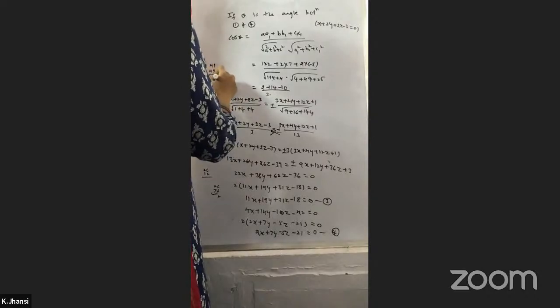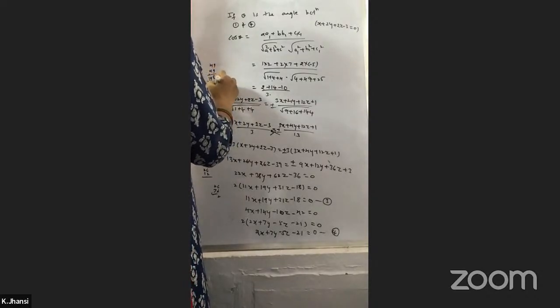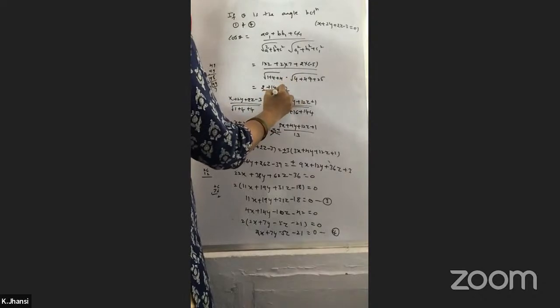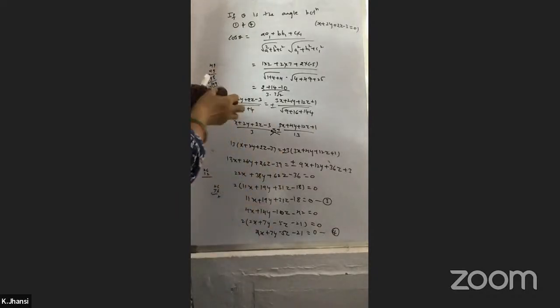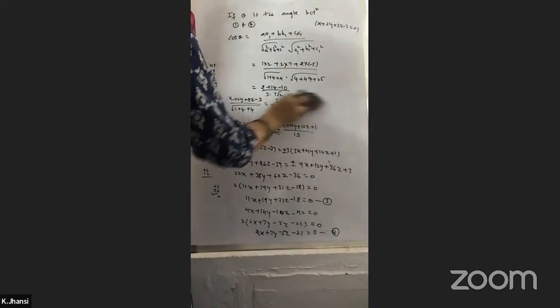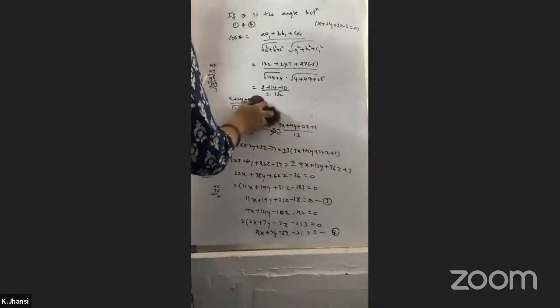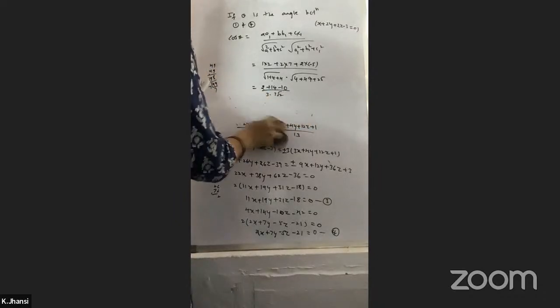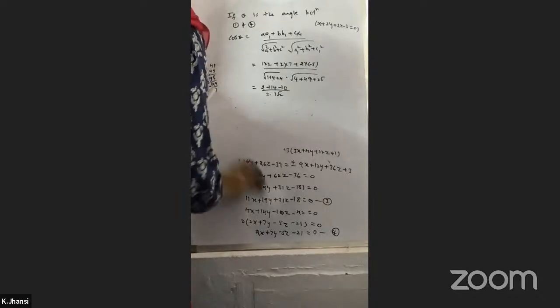So for 98, if you find 2 4s are 8, 2 9s are 18, 7 7s are 49. So 7 root 2 we can write. This is into 7 root 2. So 98, if we find the factors for that one, you will get it as 49 into 2 we can write. So 49 root is 7. So 7 you take outside and you write inside 2. Okay.